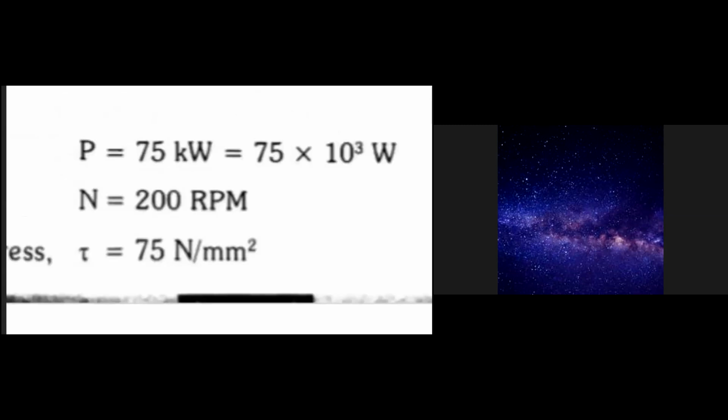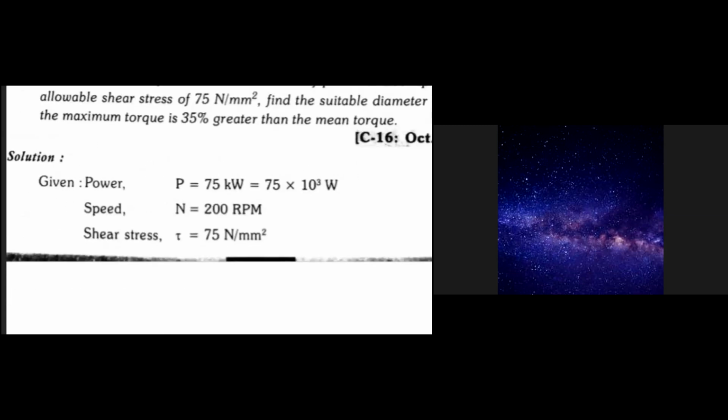And maximum torque. So the relation between maximum torque and mean torque is that maximum torque is 35% greater than the mean torque.